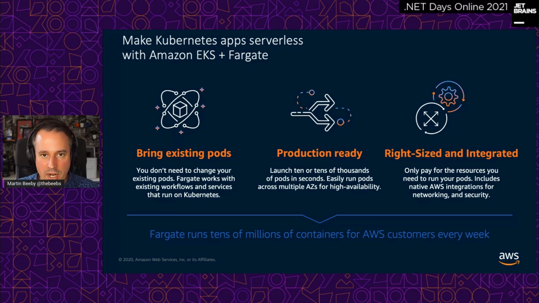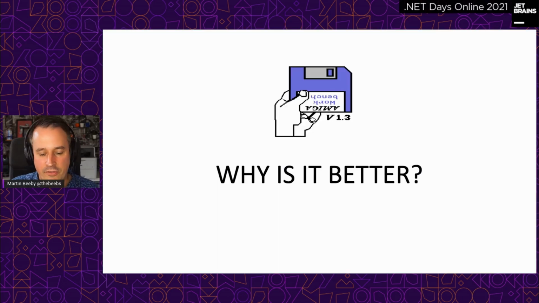So if you're only running 1 container, you're only paying for 1 container. If you're running 20 containers, you're paying for 20 containers. So it makes it more serverless. We call it serverless because you're no longer managing the servers or the cluster underneath it. So that's a newer feature inside of EKS, which allows you to avoid the requirement of having a cluster and just run it on our cluster for us.